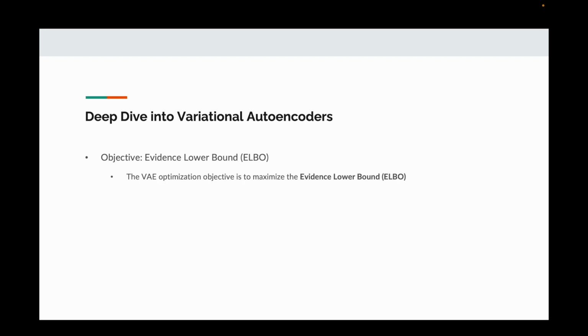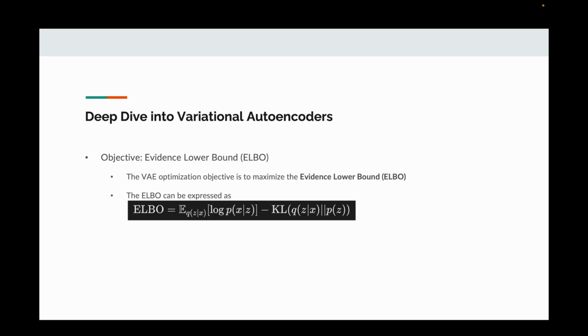Next is our objective, the evidence lower bound, or ELBO. The VAE optimization objective is to maximize the evidence lower bound, which is derived from the marginal likelihood of the observed data P(x). The ELBO can be expressed as: ELBO = E_q(z|x)[log p(x|z)] - KL(q(z|x) || p(z)), where the reconstruction term, E_q(z|x)[log p(x|z)], the first part, measures how well the reconstructed data matches the input.